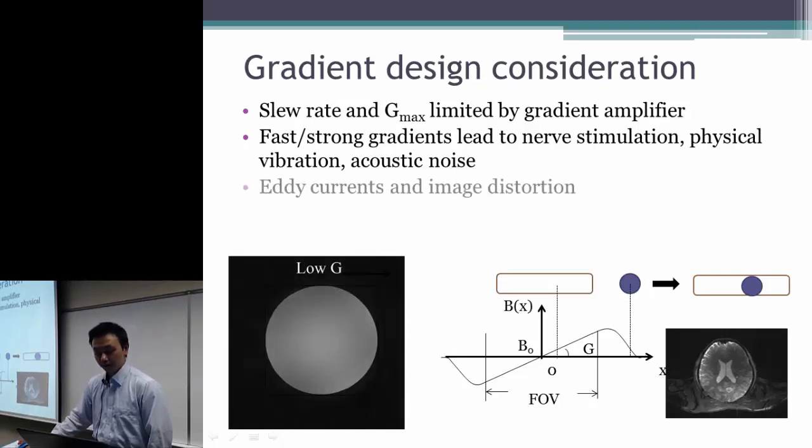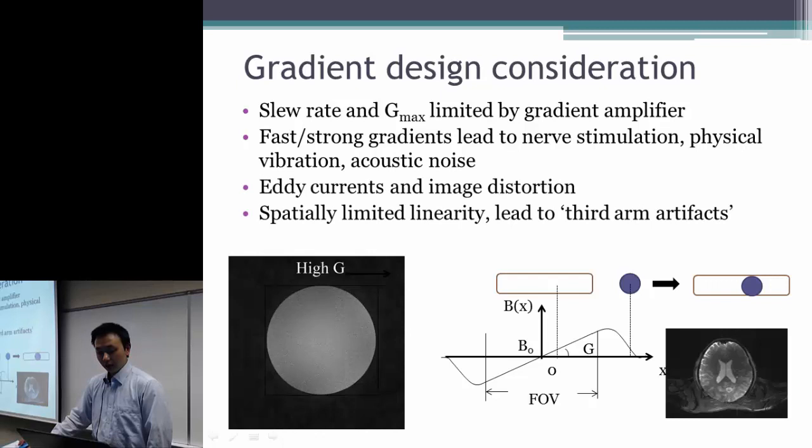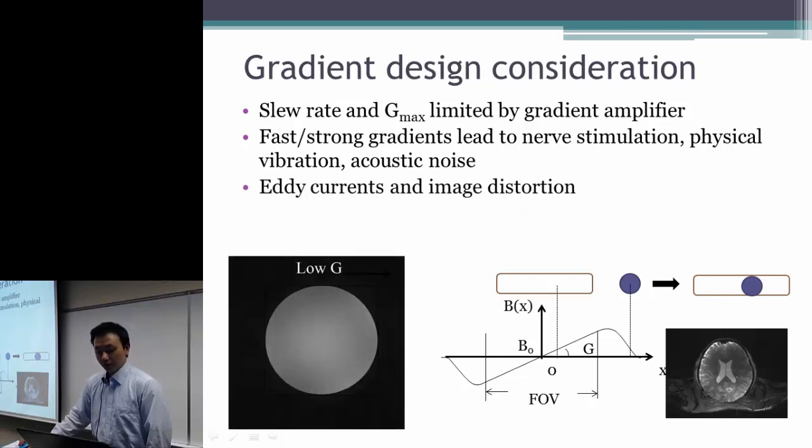And also we need to consider the possible eddy current effects that can have an impact on the image quality and image distortions. If we are pushing the limit of the gradient, it may lead to the linearity of the gradient to decay.